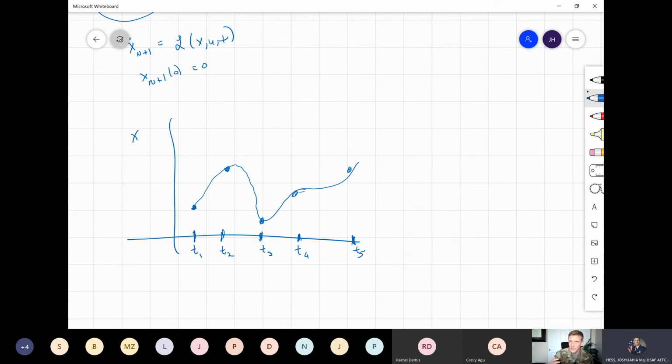When we do pseudospectral methods, we want to use an interpolating polynomial that makes sure we are exact at these points, so that it doesn't do something like this. I want an interpolating polynomial that gives me my state as a function of time that is also exact at my points.